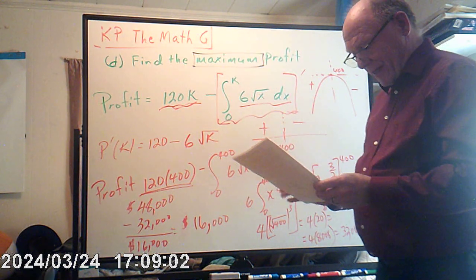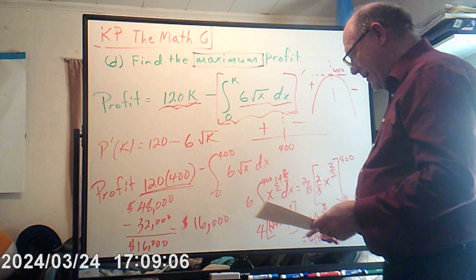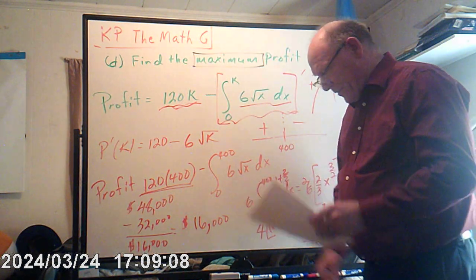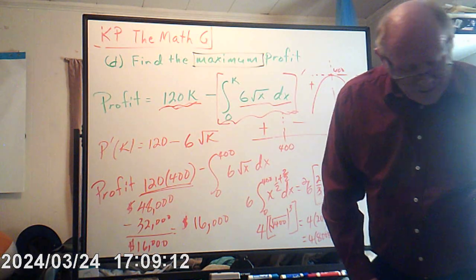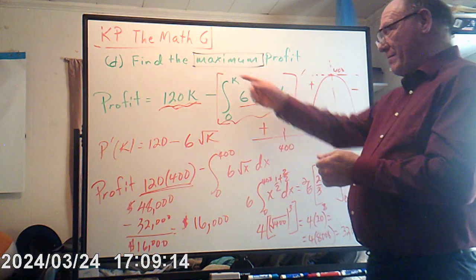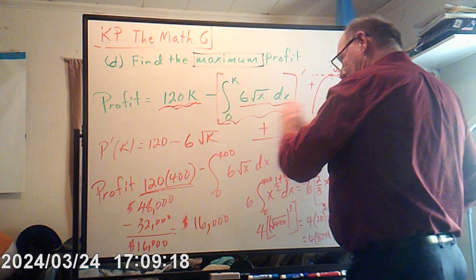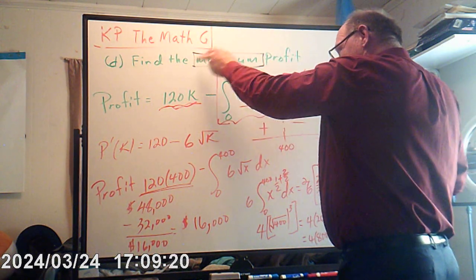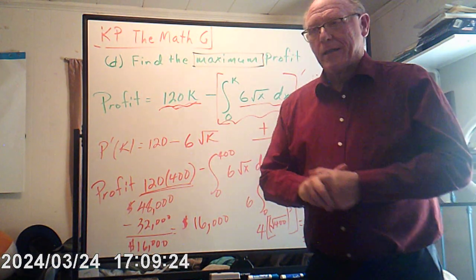Therefore, the maximum profit P at 400 then is $16,000. That's what we have to do. So every once in a while you do get into a max or a min. If you have anything like this, you got to take that derivative to get that maximum or that minimum. You got to remember to do that.